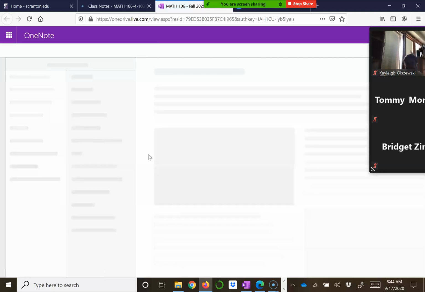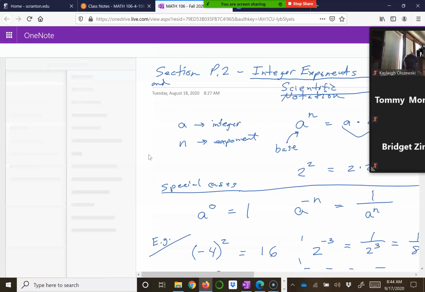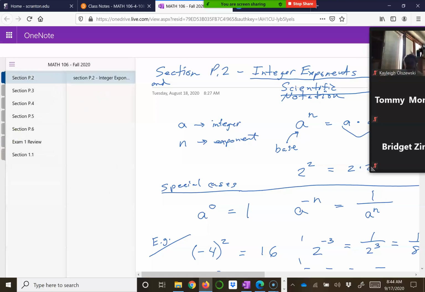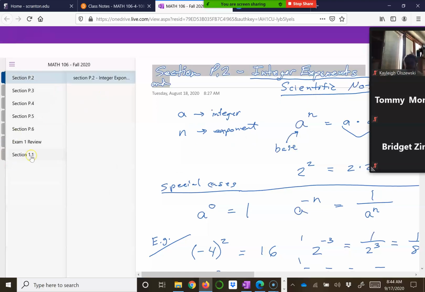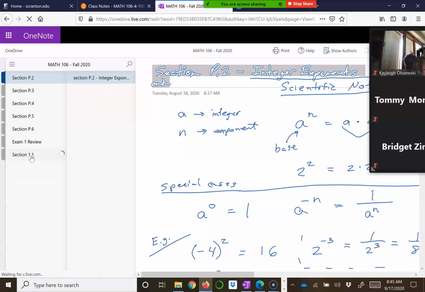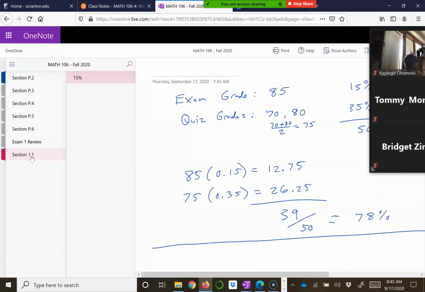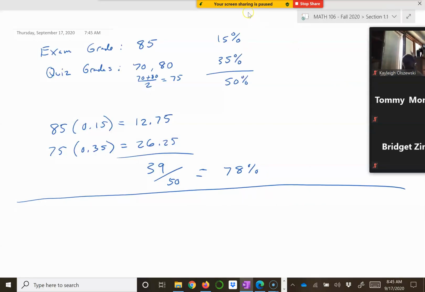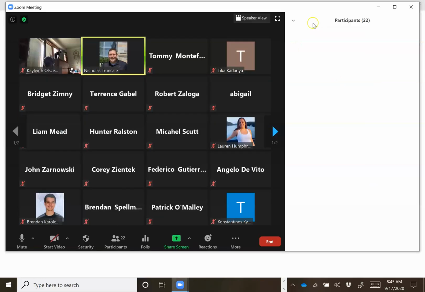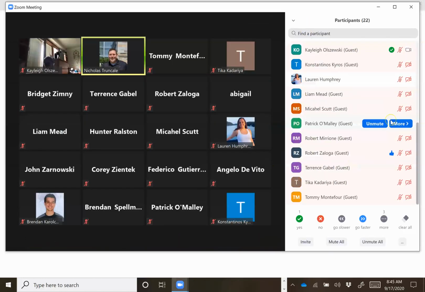Let it load. If you go to section 1.1, hopefully all that stuff I just did is there. Yep, there you go. So when you click that link on D2L, it takes you to the exact same notebook, so everything will be there. Okay, Tommy? All right. Any other questions?